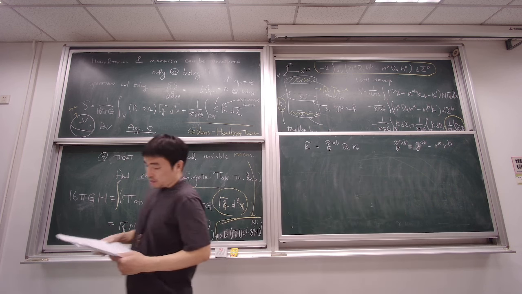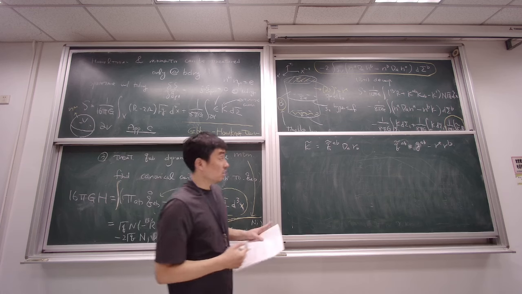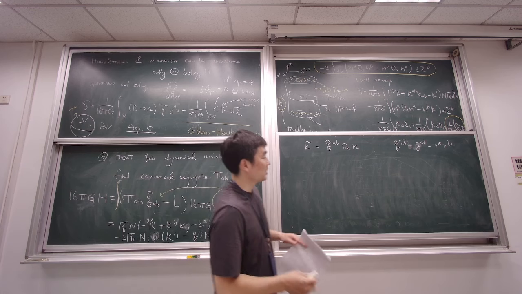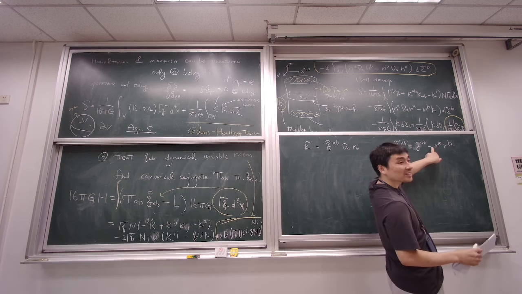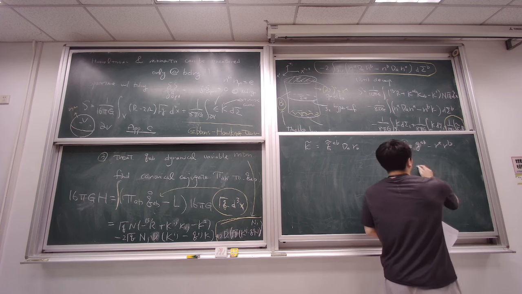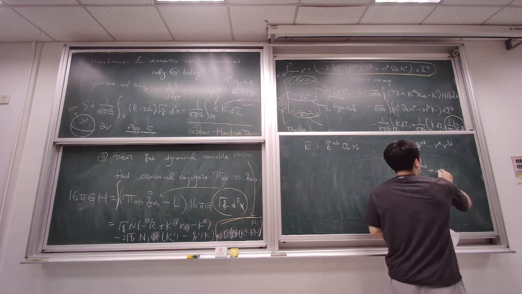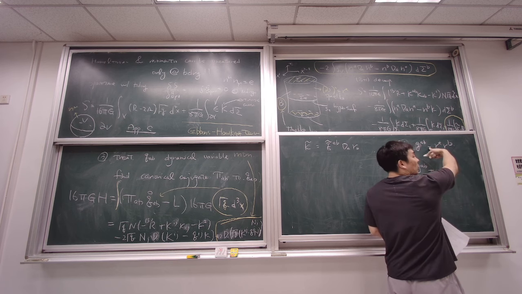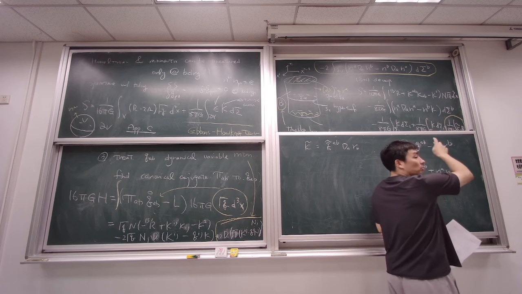So you have to be careful about the sign here. Usually for a hypersurface, if it is space-like, the induced metric is g plus N A N B. So this is plus. But for a time-like hypersurface, you have to use the minus sign.